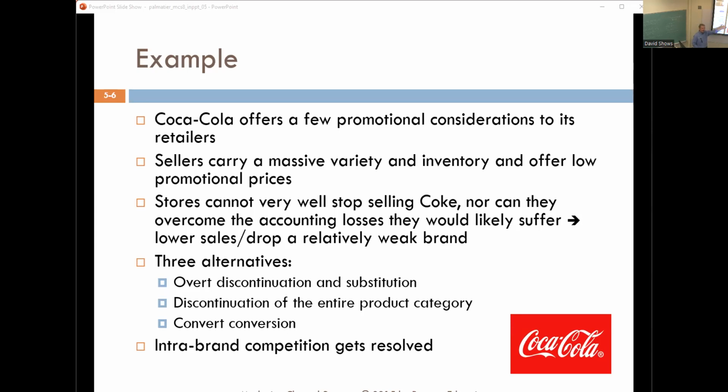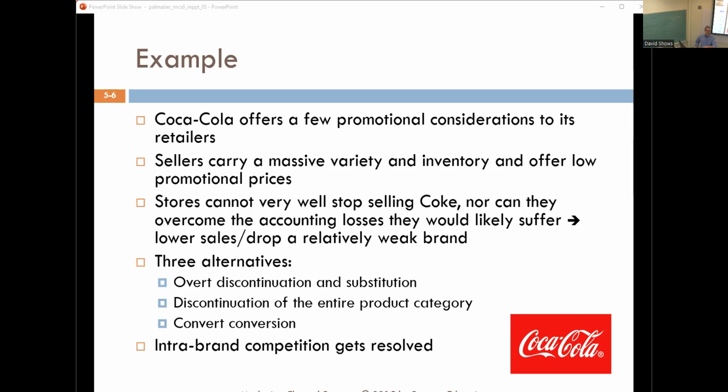But what alternatives do they have? Well, the alternatives for a downstream provider, if they don't want to fight this, are three things. One is they just discontinue the brand or substitute it completely. It's not a winning situation, but it's one of the ways you can try to get around it.